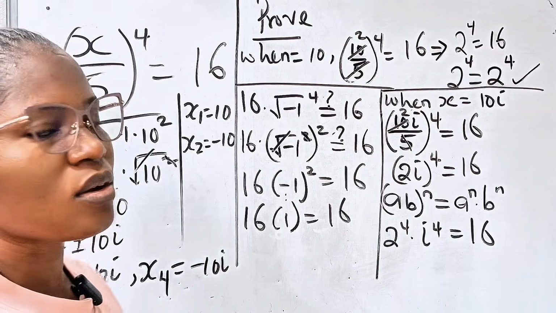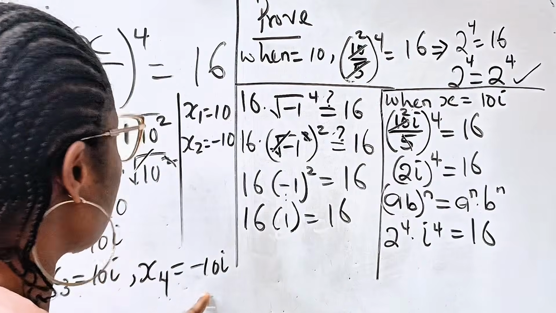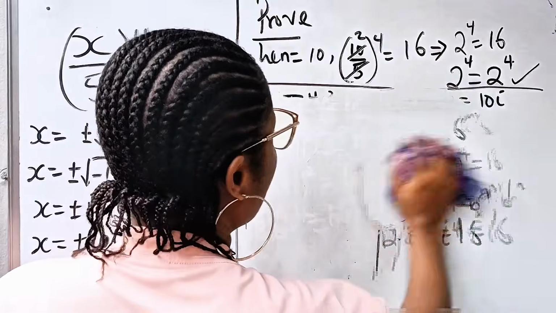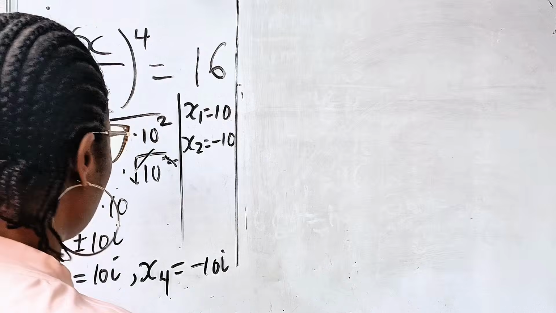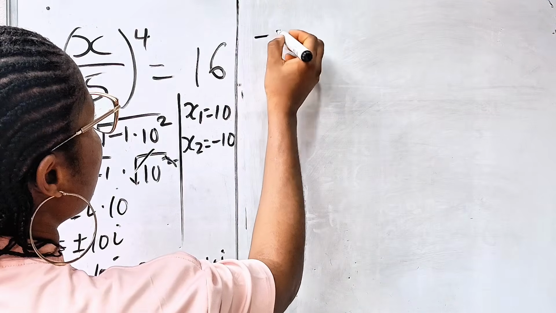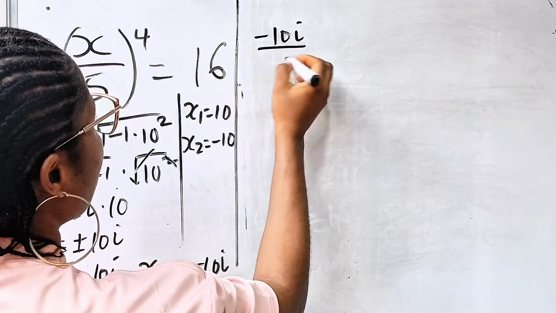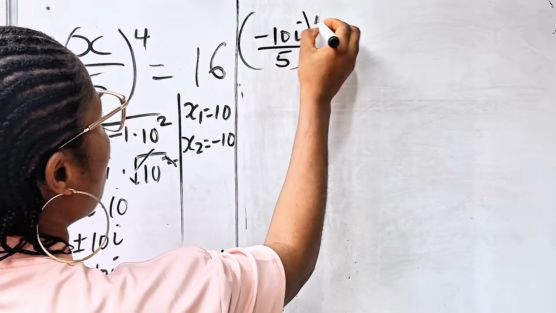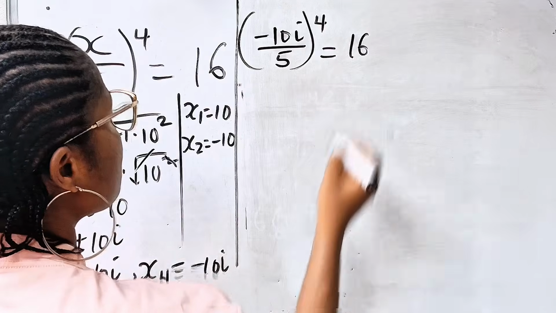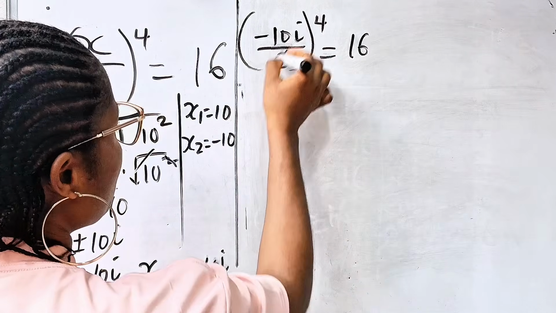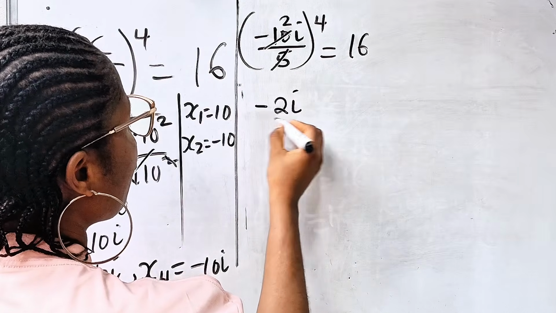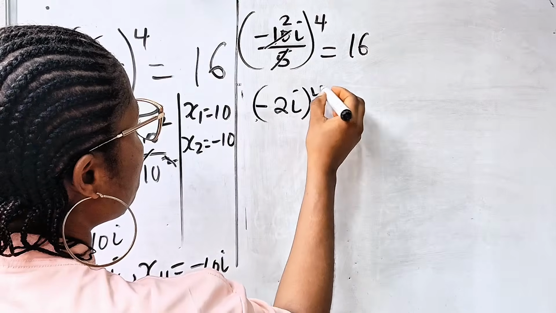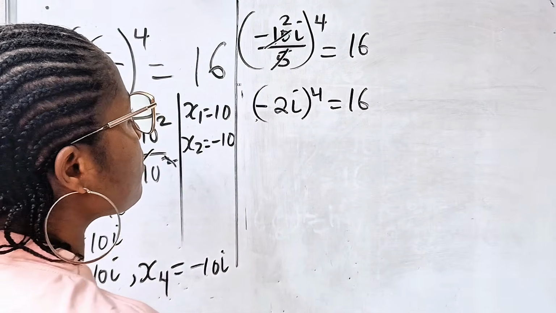Now the same thing goes for when our x is negative 10i. So when x is negative 10i, we are going to have negative 10i divided by 5 raised to the power of 4 is 16. Now if we move further, 5 will go into this, we have 2. So we have minus 2i raised to the power of 4 is 16.